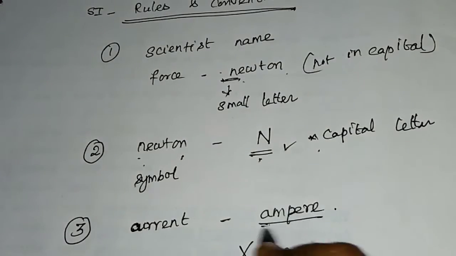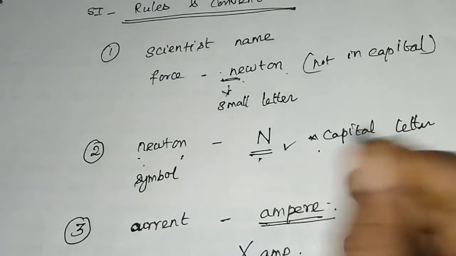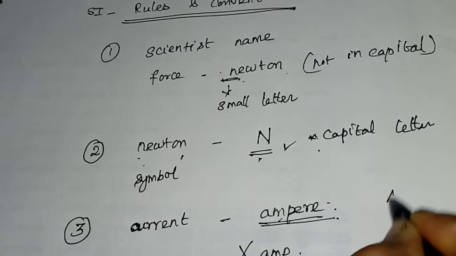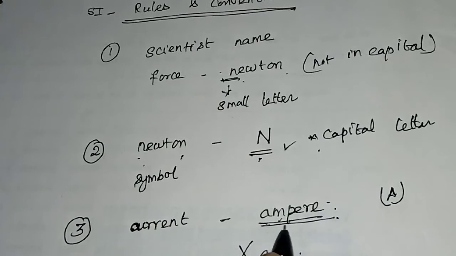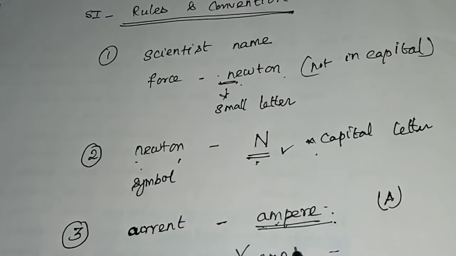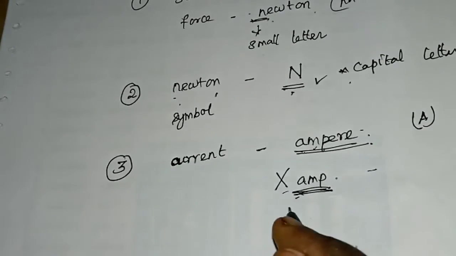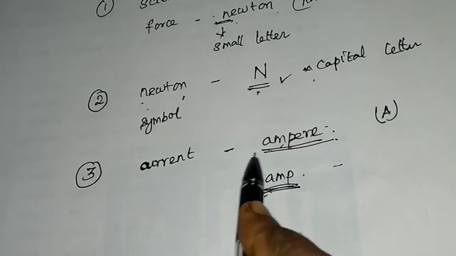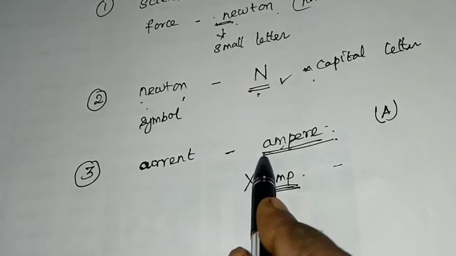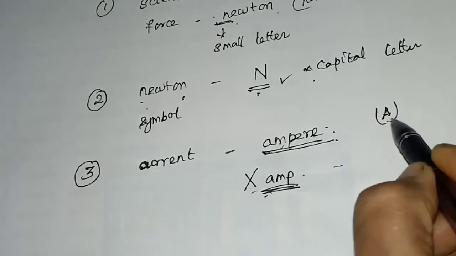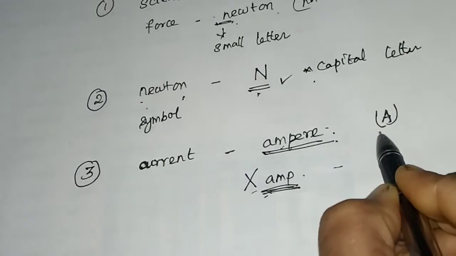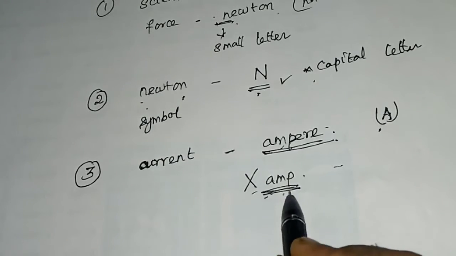If you write the full name, write it with a small letter, or if you write the symbol, write capital A. But you should not mention it in some specific form like amp.